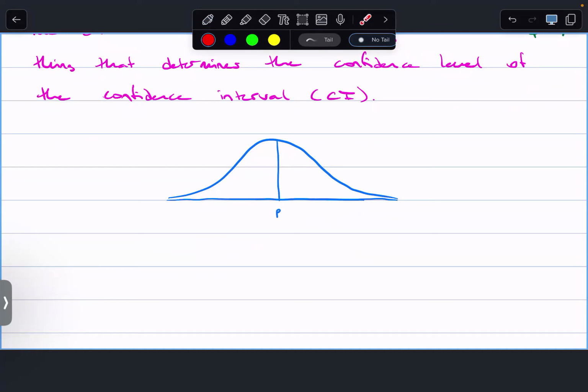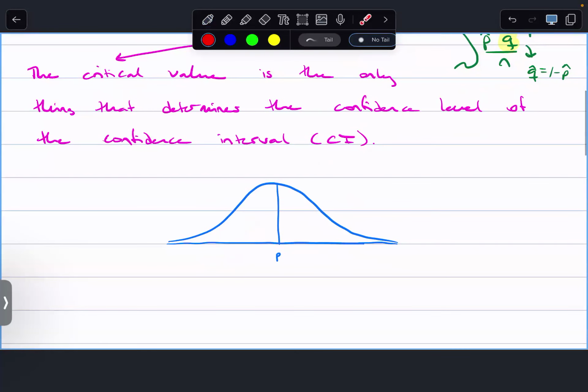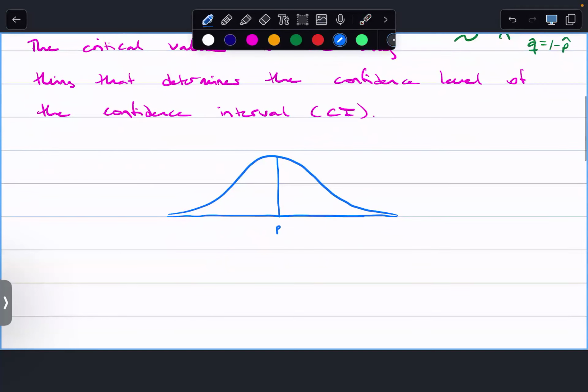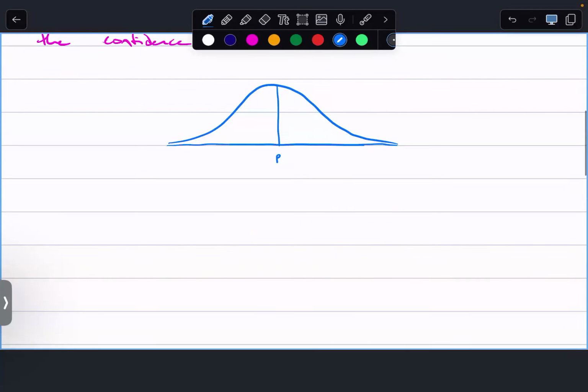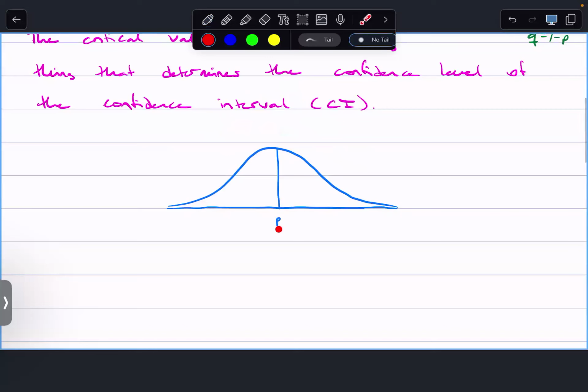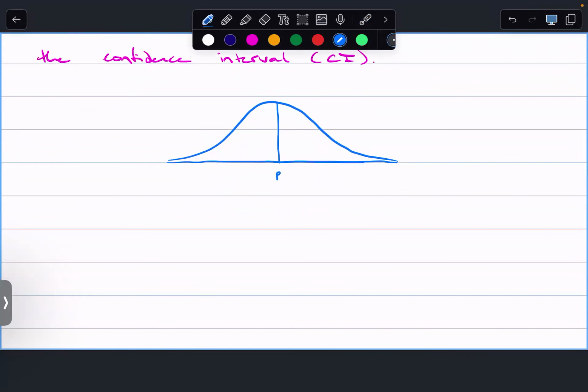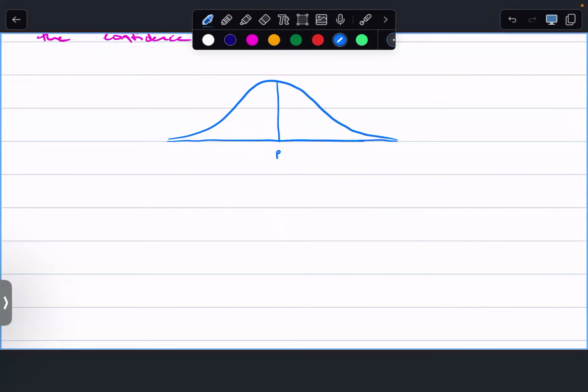But what we want to do is, okay, the spread, right? So if we just think about it as the center is P, and then the spread, which used to be your standard deviation, right, is now your standard error of P hat, which is basically your sigma from before, your standard deviation.